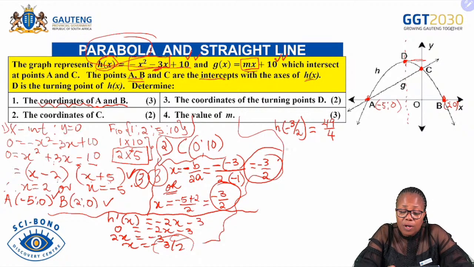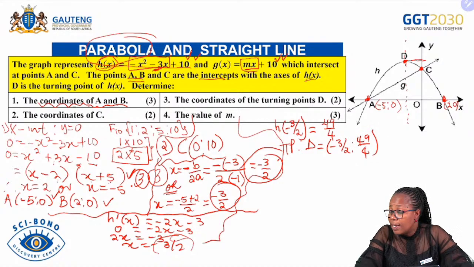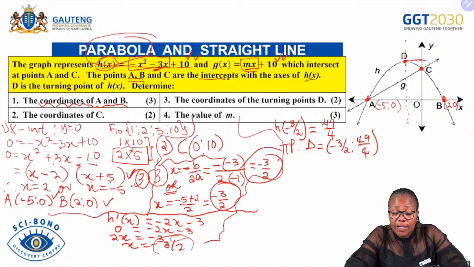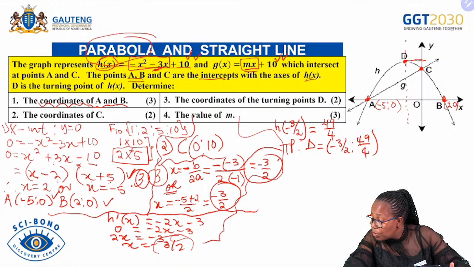So now to conclude, the turning point, or the D point, will be having the x value minus 3 over 2 coordinating with 49 over 4. You can write this in any decimal form. Okay, fraction. You can write as fraction, simple fraction, combined fraction, or decimal fraction. It's up to you, grade 12s.